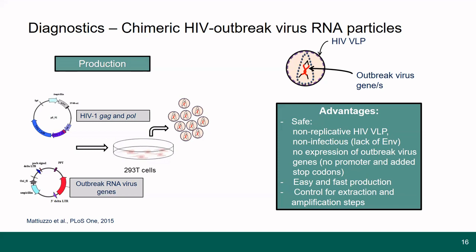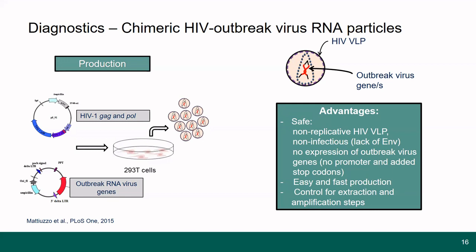So we can create a chimeric virus, which is an HIV particle, which contains the RNA of the virus of interest. This is not replicative. We don't put any envelope, so it's not infectious. It's fast to produce, like when you do a pseudotype, you just transfect two plasmids into cells and it becomes the reagent.